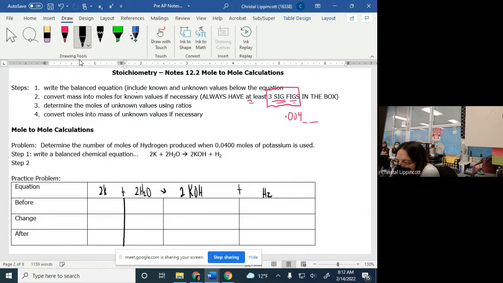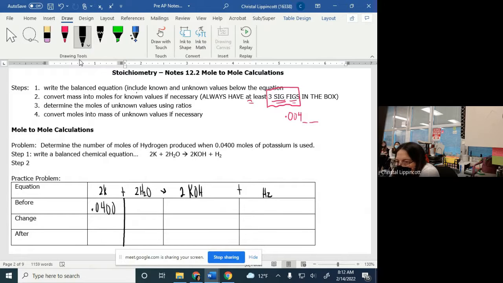So your first step is to balance your equation. They've already done that for you, so that was nice. Then we've got determine the moles of hydrogen. So we're trying to figure this out when we use 0.0400 moles of K.